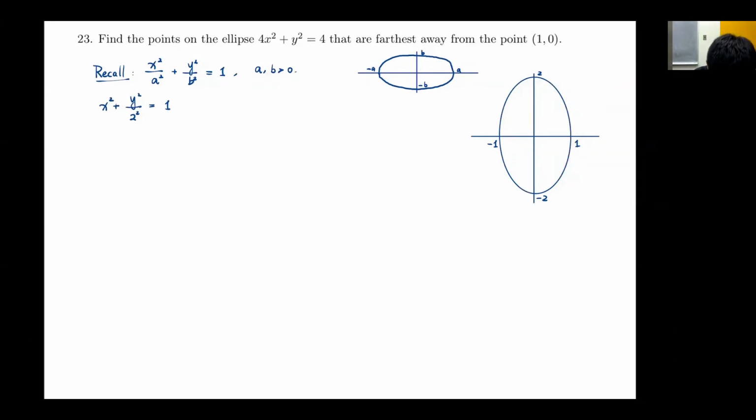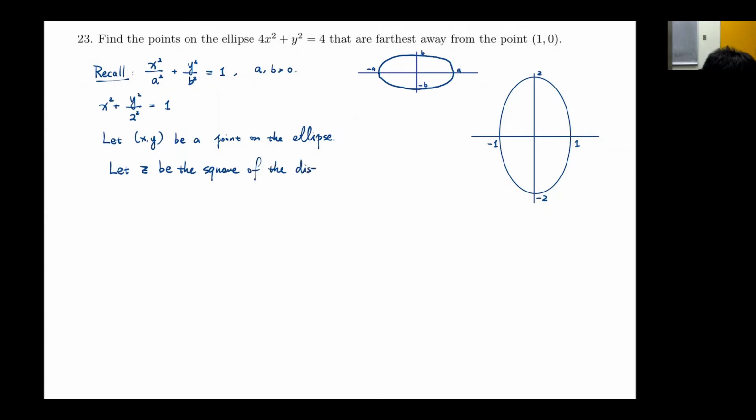Now let's proceed as follows. Let (x, y) be a point on the ellipse. Also, let z be the square of the distance from (x, y) to (1, 0).